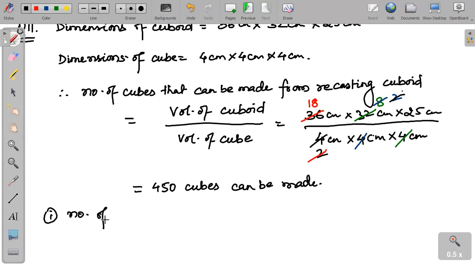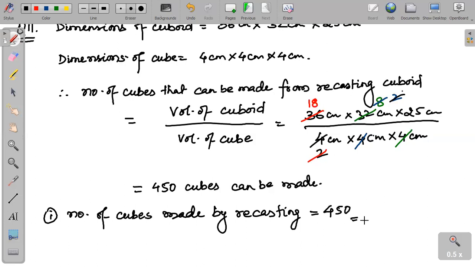Number of cubes made by recasting is equal to 450. You divided by 2, right? Okay, so 18 into 25 is 450.